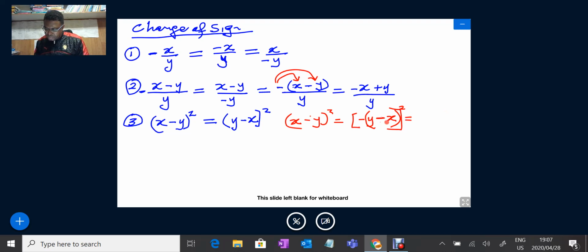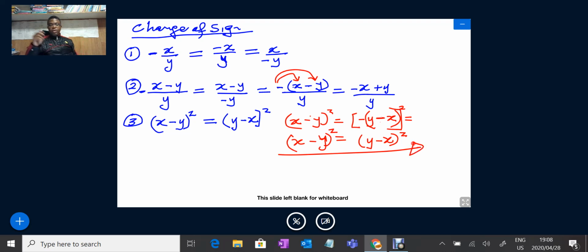Equal to, we have a square here, so it means we are going to have x multiplied by x, and then we will end up with a positive number here because there is negative 1. We are going to end up with y minus x all squared. So x minus y all squared is equal to y minus x all squared.